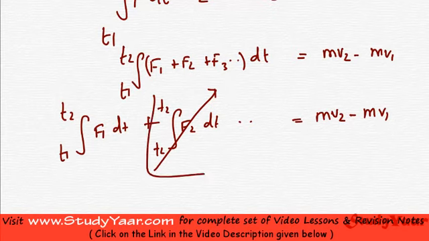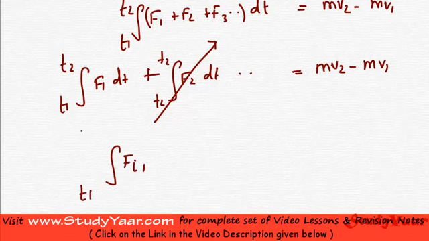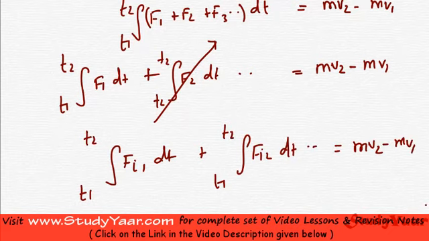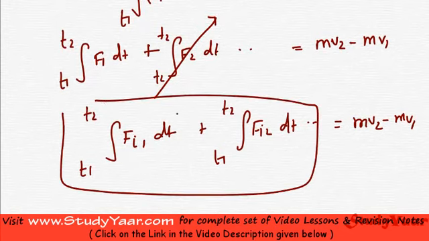Therefore we would neglect these terms, and we would be left with the integral from t1 to t2 of Fi1 dt plus the integral from t1 to t2 of Fi2 dt and so on, equal to mv2 minus mv1, where Fi1, Fi2 are your impulsive forces.